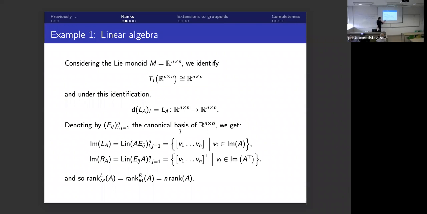And so what we get is that the left rank of a matrix, as seen through this new notion, is the product of the dimension of the underlying vector space times the usual rank of the matrix, right? So in a certain way, this notion of a rank of a morphism now generalizes the usual one from linear algebra. And in this case, obviously, the left and right ranks are going to coincide.